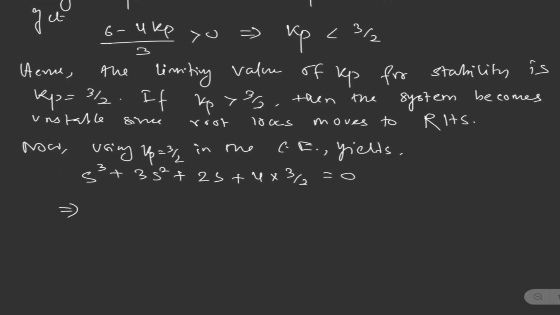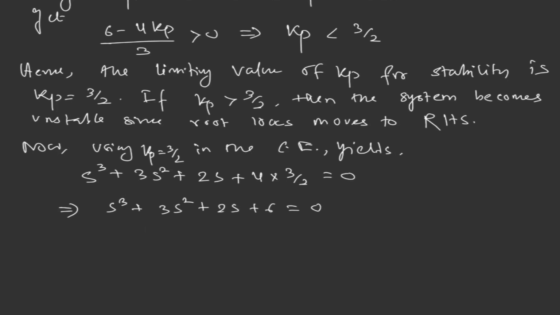After simplifying, s cube plus 3s squared plus 2s plus 6 equal to 0.